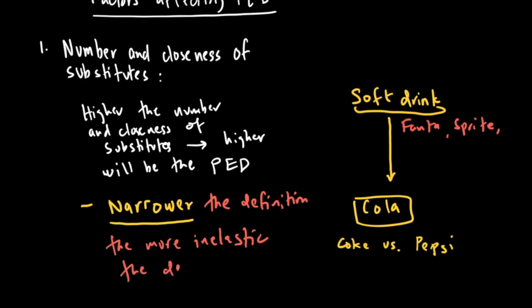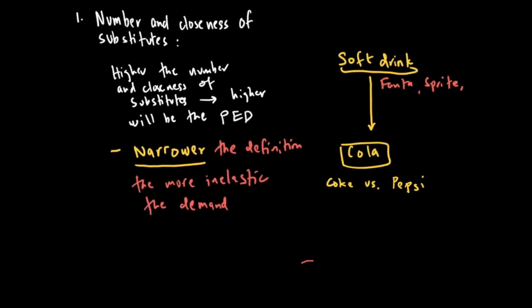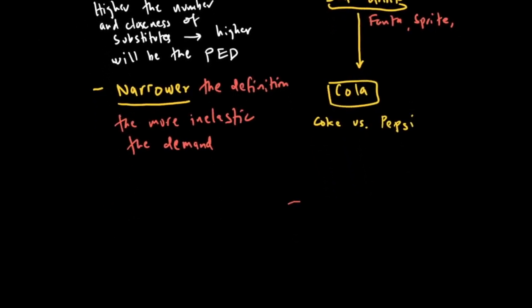The next point I want to discuss is about the proportion of income spent. So number 2 is proportion of income spent.